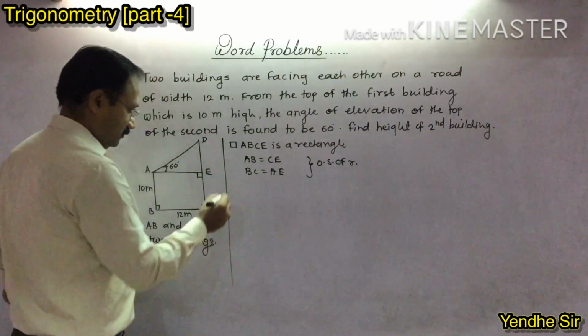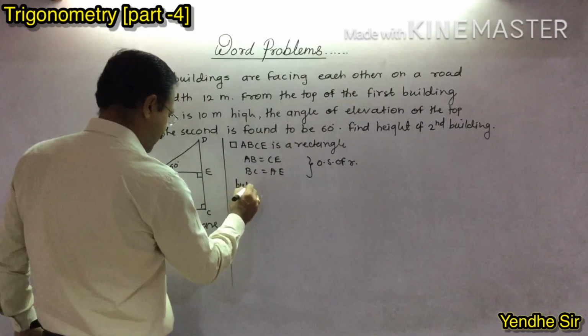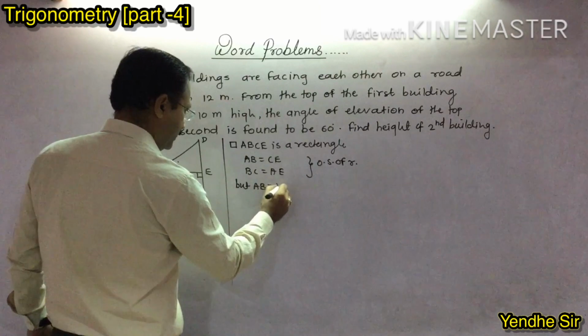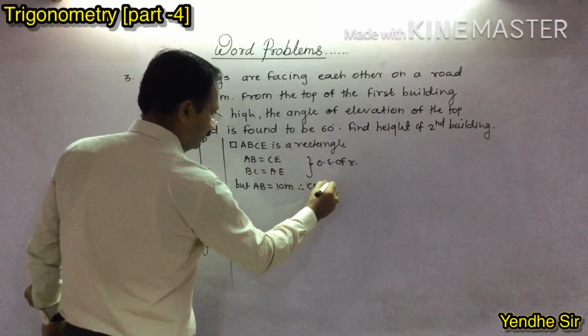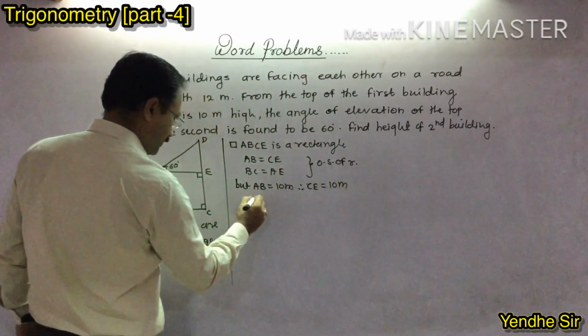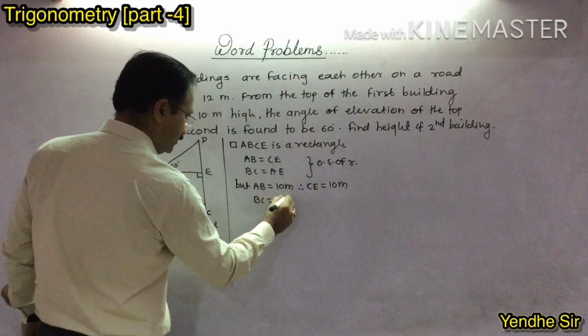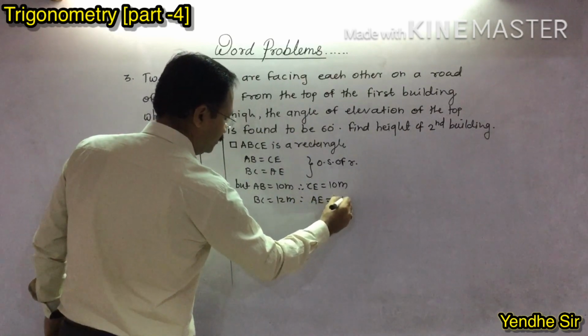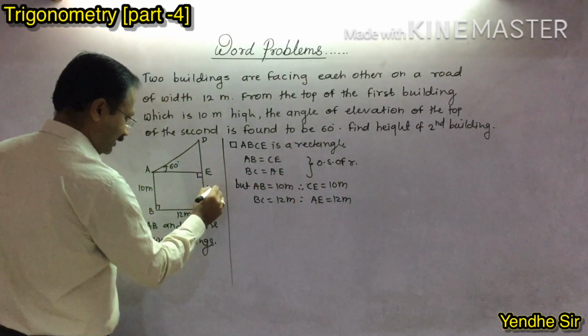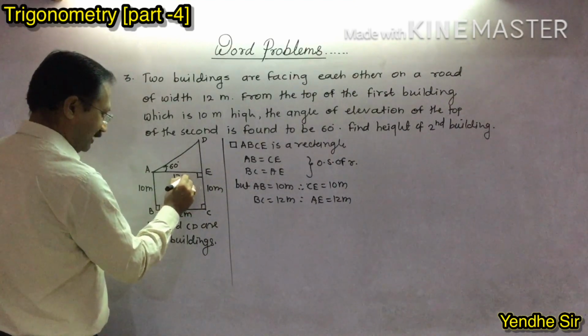This is the request to all of you. But AB equals 10 meter, therefore CE equals 10 meter. BC equals 12 meter, therefore AE equals 12 meter. So this is 10 meter and this is 12 meter.